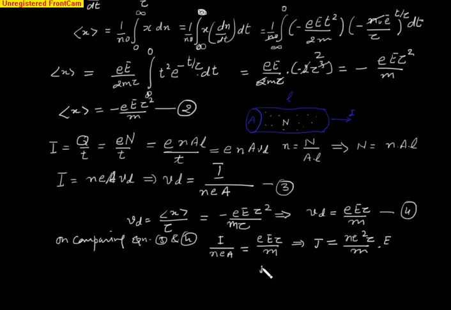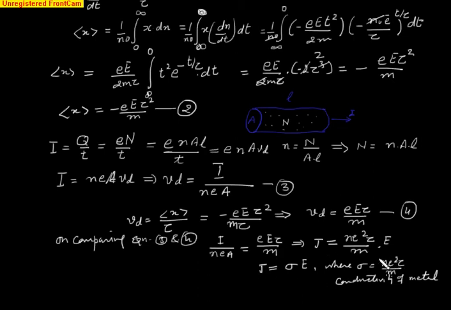This equation may be written as J equal to sigma times E, where sigma is equal to n e square tau divided by m, and this is called the conductivity of the metal.